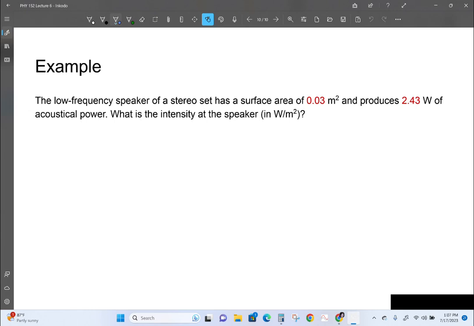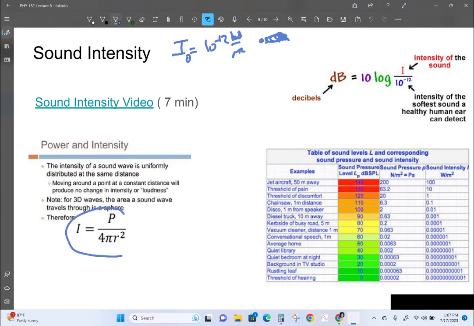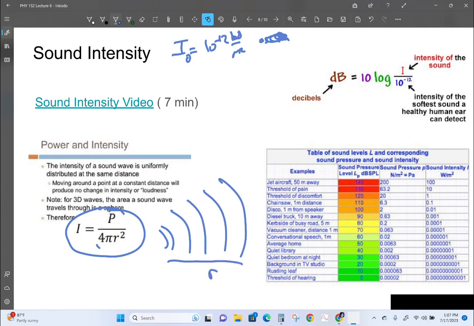So if you wanted to find that intensity, it's pretty easy to measure. Intensity is equal to the power in watts divided by the area. Think about a sound wave. If you have a speaker making a sound wave, over a certain distance, r, it spreads out.